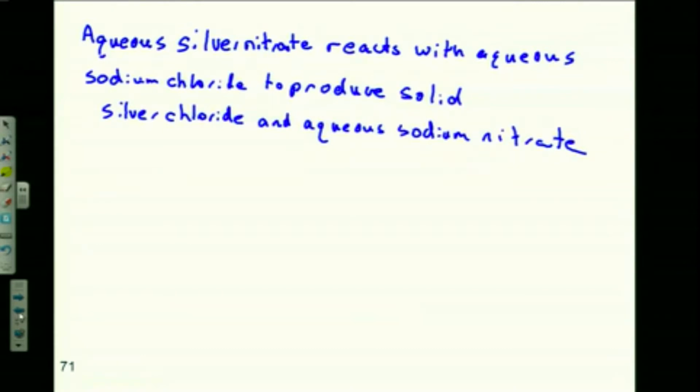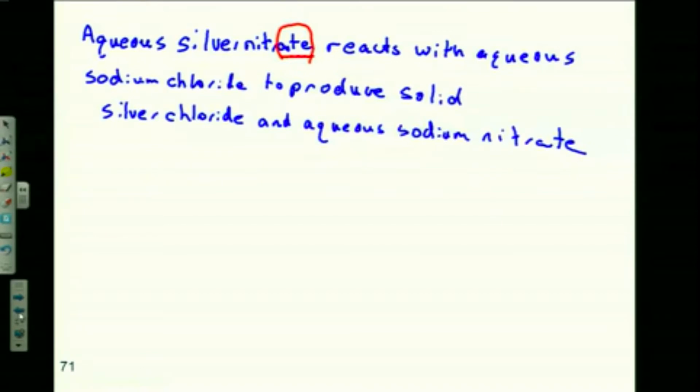All right, look, some keys here. When you see this ending, it's going to be a polyatomic ion. Okay?